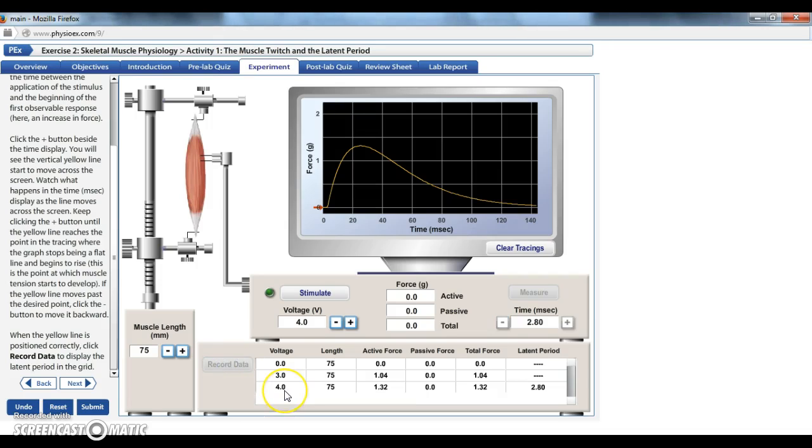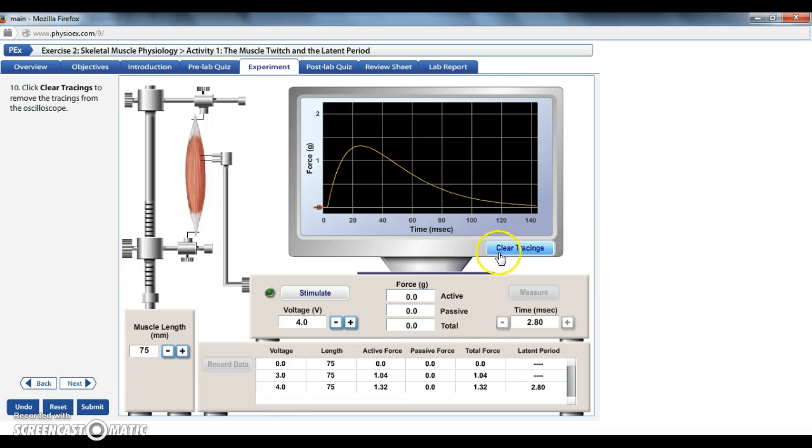Okay, so now for your 4, you have voltage 4, you have active force 1.32, and now we have a latent period 2.8. Okay, clear tracings.